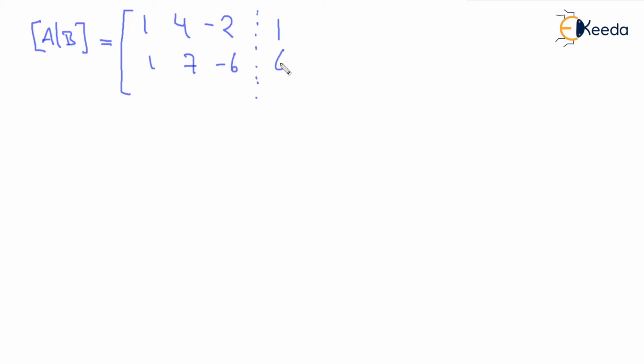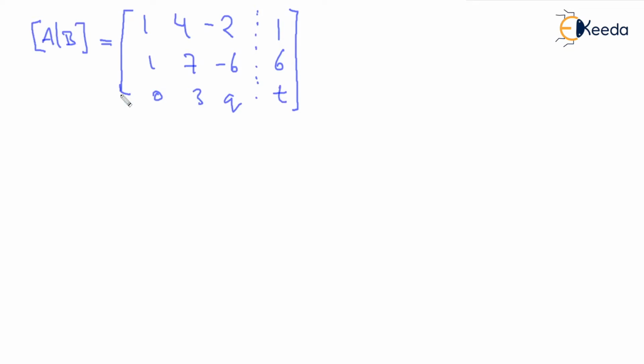Let's see what is A augmented B here first. This is 1, 4, minus 2, and 1; 1, 7, minus 6, and 6; 0, 3, q, and t.